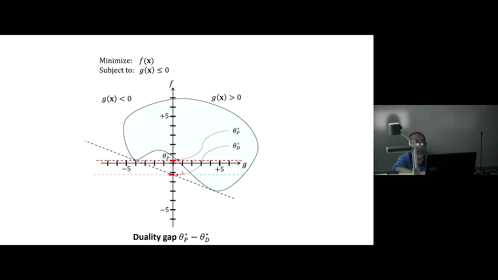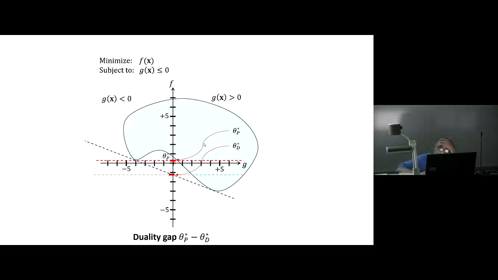And then for theta d star, what did we do? We found a point that was tangent at both these points. And that gave us theta d star. And visually, you can always see why theta p star will always be greater than or equal to theta d star.